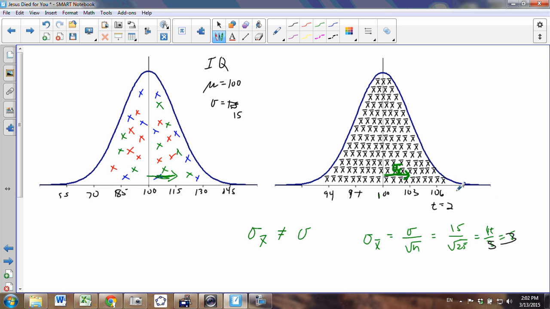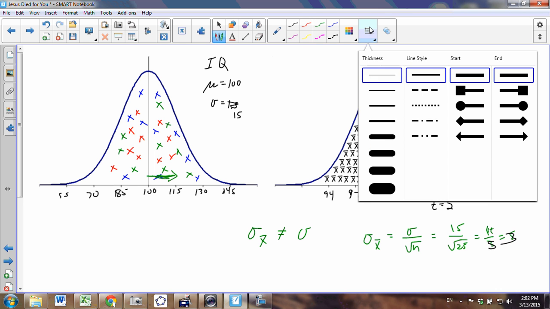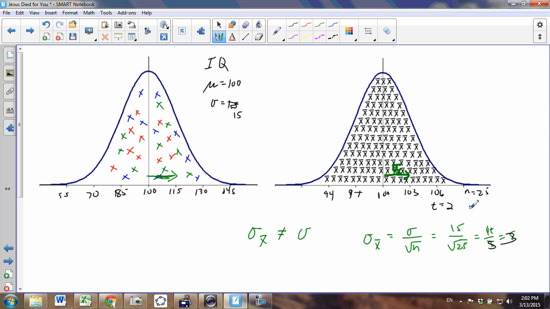So if we take samples of 25, it would look like this. Let's say in another color, I'll do blue, we take samples of 100, then that will be 15 divided by the square root of 100, which is 10.